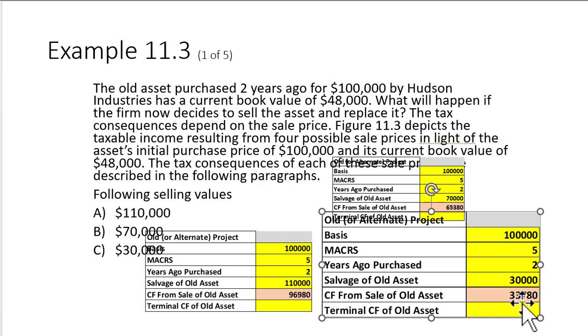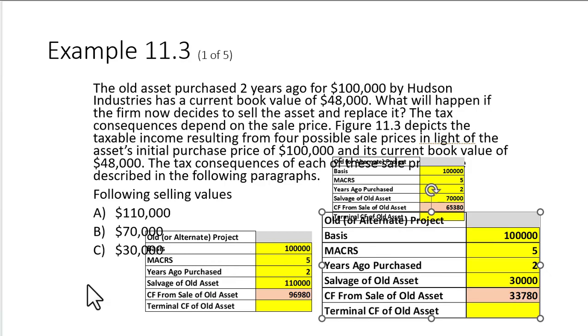In this case, by another $3,780, you'll reduce your taxes. So this is essentially a cash flow. The formula here is the selling price minus the tax effect. And if the tax effect is negative, of course, when you subtract a negative from a number, it's actually adding to the value.